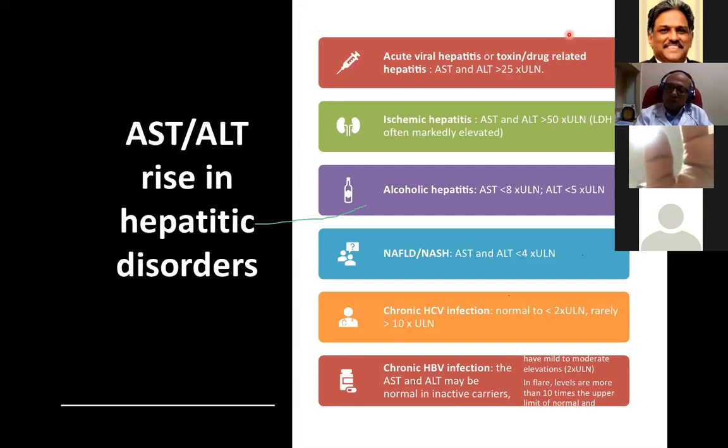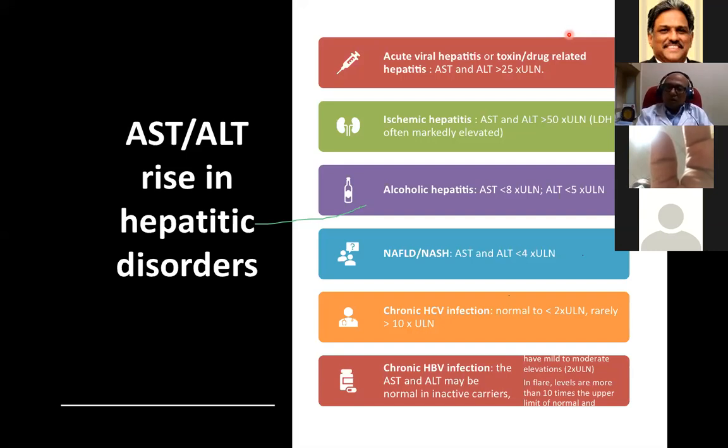The other condition where they go up significantly is ischemic hepatitis. So suddenly somebody has a shock after, say, a myocardial event or after sepsis and collapse. The AST/ALT can again go up significantly in these patients, and that usually happens within a day of the shock episode. And then the levels start coming down as the patient recovers.